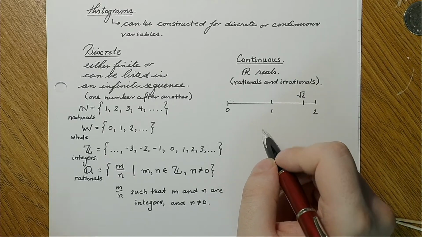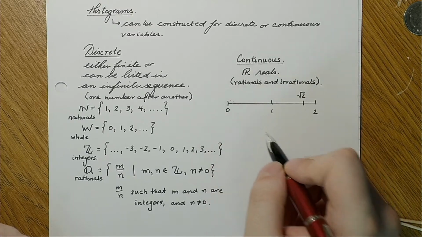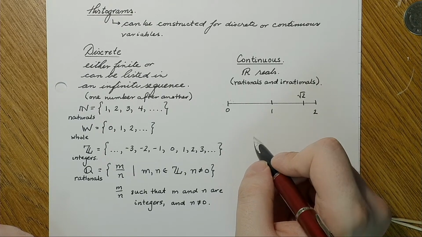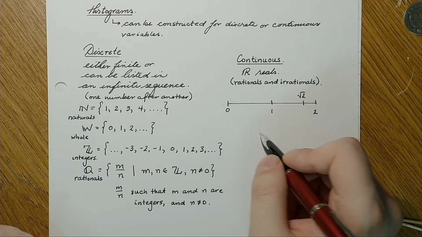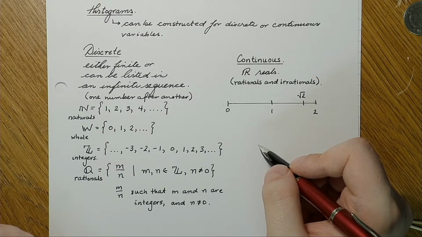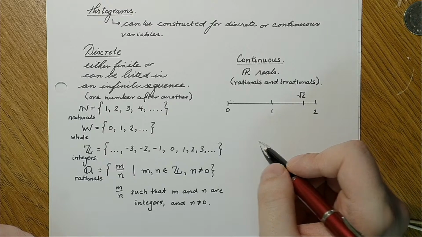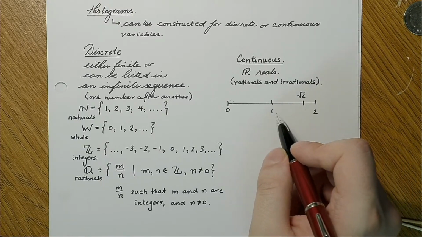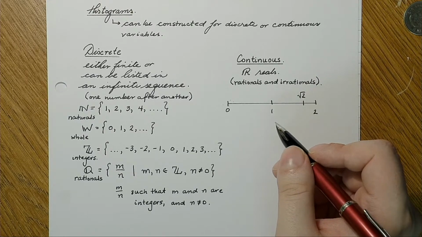So let me just make a little small note. Sometimes our instruments may be limited in precision, but it might be easier sometimes to consider the measurements as continuous rather than discrete, simply because it may be easier to work with a continuous model.